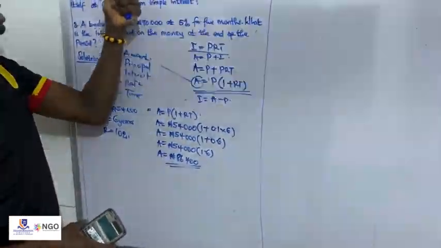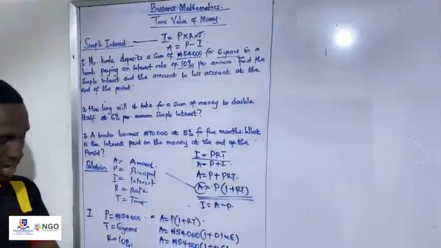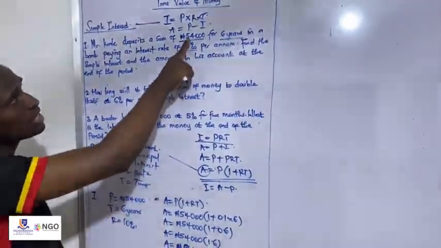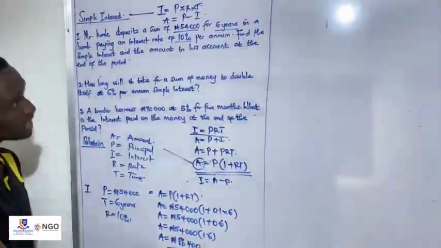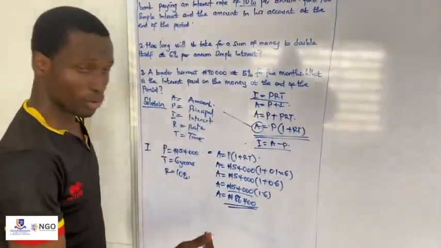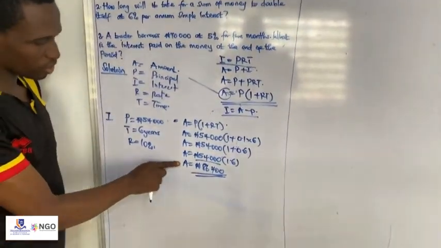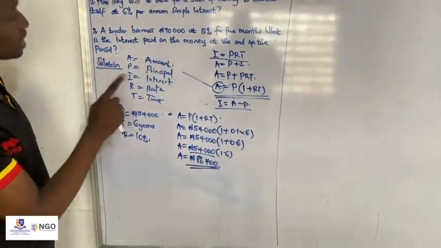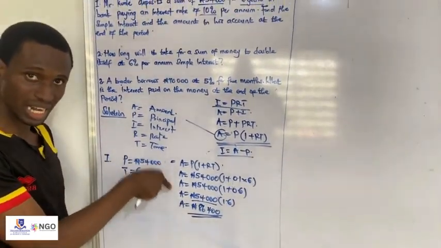So it means that Mr. Kunle would be expecting a sum of 86,400 naira if he invests 54,000 naira in the bank for 6 years. This is the sum of money Mr. Kunle will be expecting in his account.